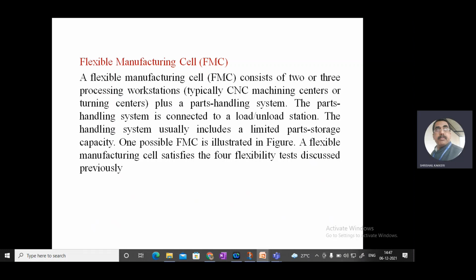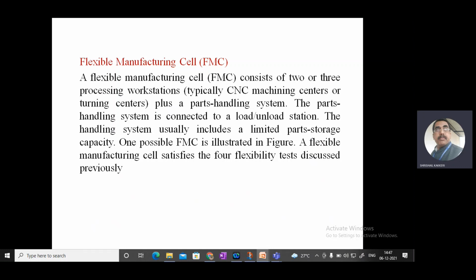To balance it, the method is to use additional stock between the two workstations. The additional stock can be provided by using buffer storage units. The buffer storage unit keeps additional materials between the workstations, and whenever required, it will be retrieved.